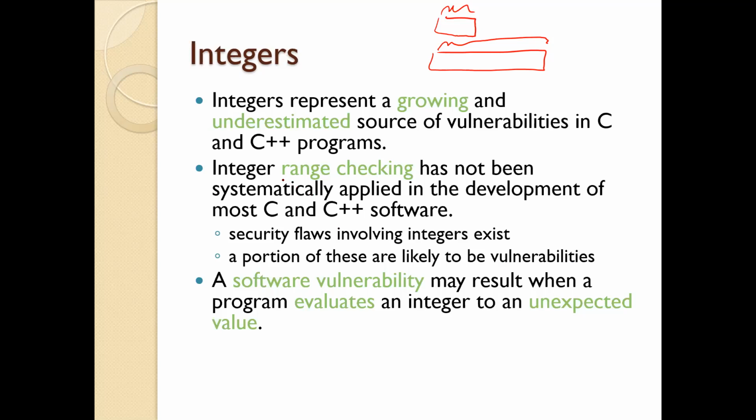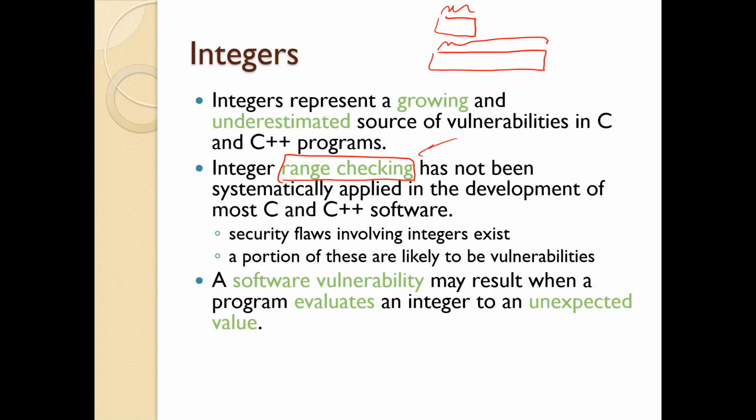Integer range checking has not been systematically applied in the development of most C and C++ software. Therefore, security flaws involving integers can exist, and I'll show you a few of them.